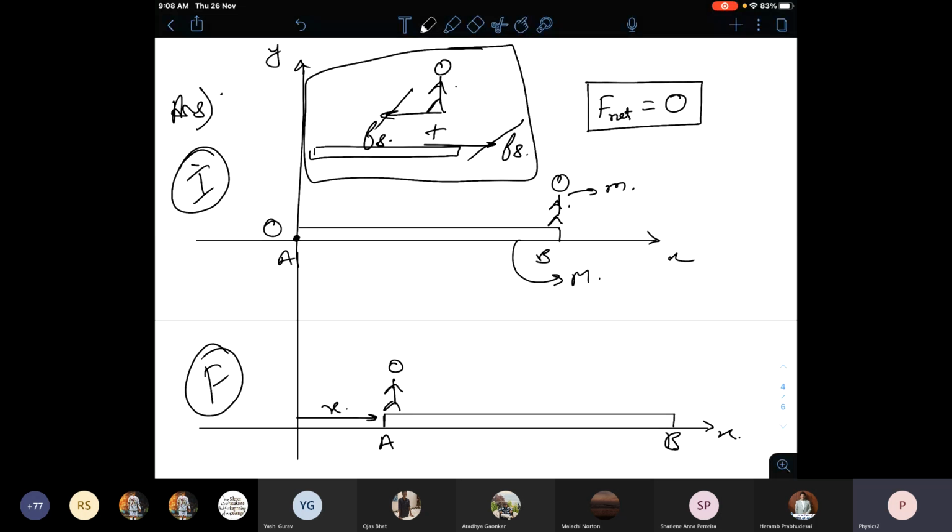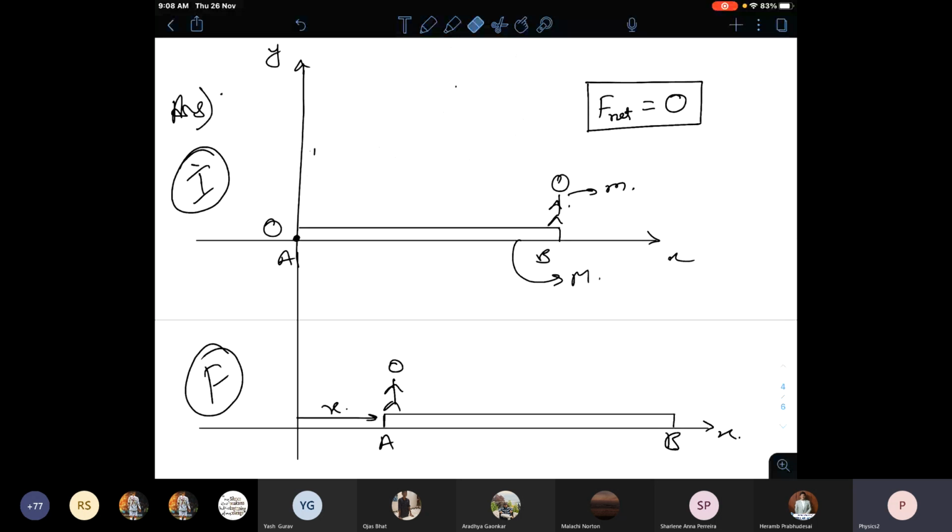Okay, so that is why the net force on the system here. This is just explanation, no need to write this. Hence I can say that the net force on the system initially is zero. In fact, when the man is moving and the plank is moving backward, still the net force on the system is zero, because still only friction is there.